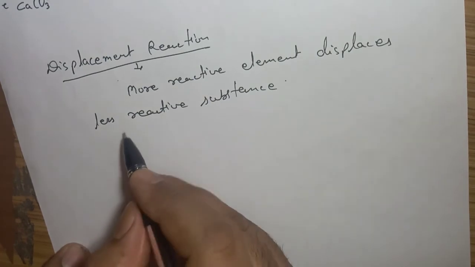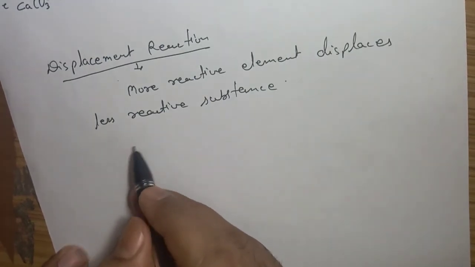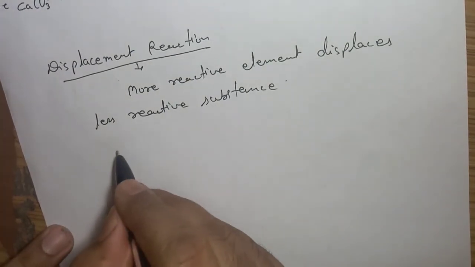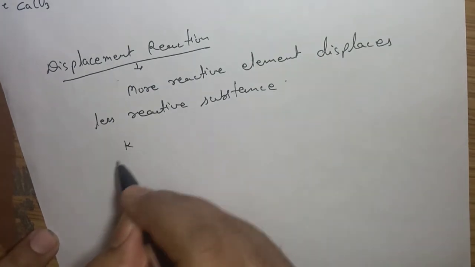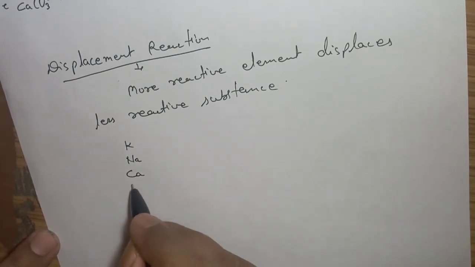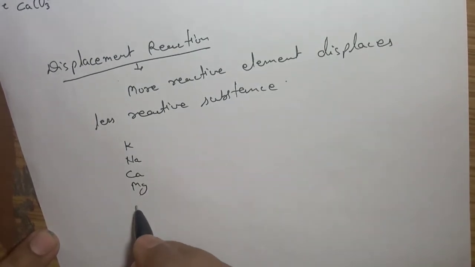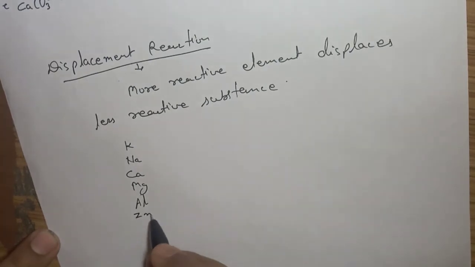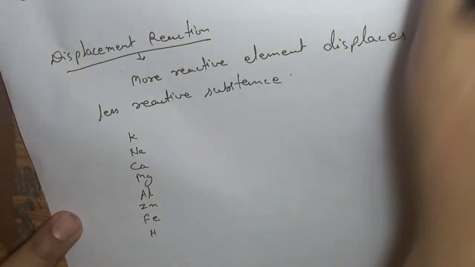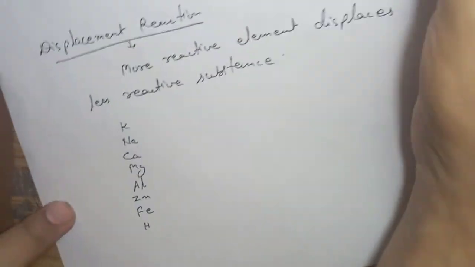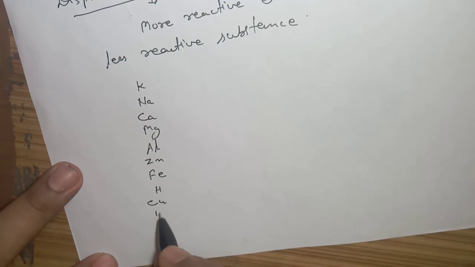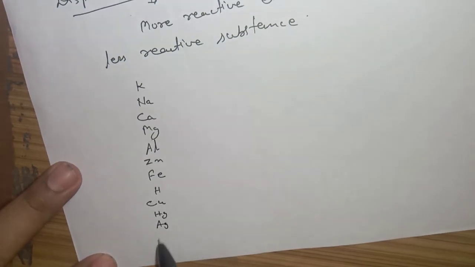The metal series, or reactivity series, that we commonly have to remember is: potassium, sodium, calcium, magnesium, aluminium, zinc, Fe, H, then Cu, then Hg, then Ag, and then Au.